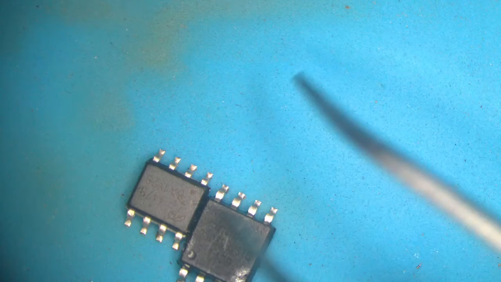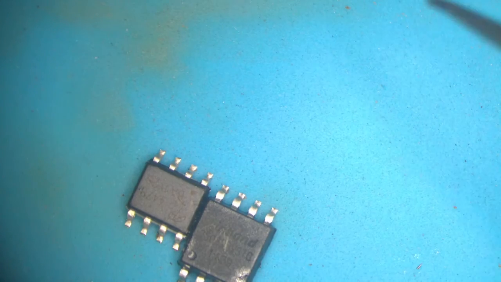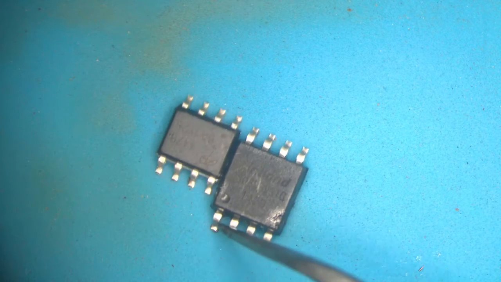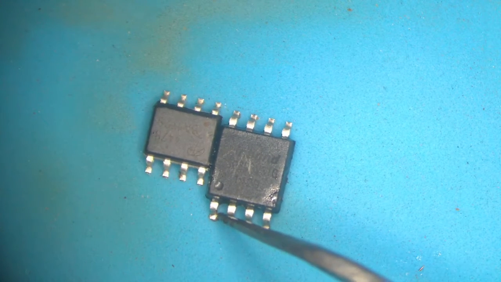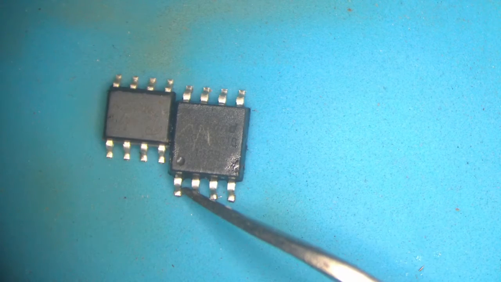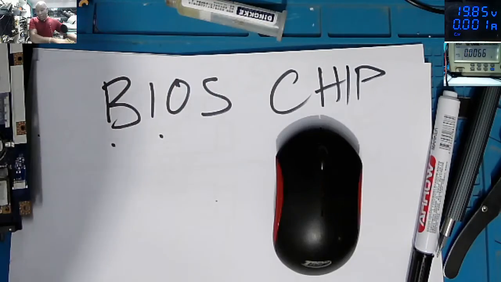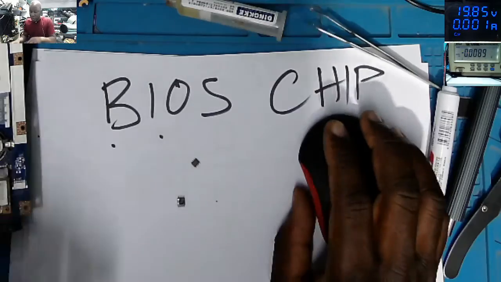The pin which is opposite to the dot is pin number 8. That's the VCC pin. So that's the story about the BIOS chip.